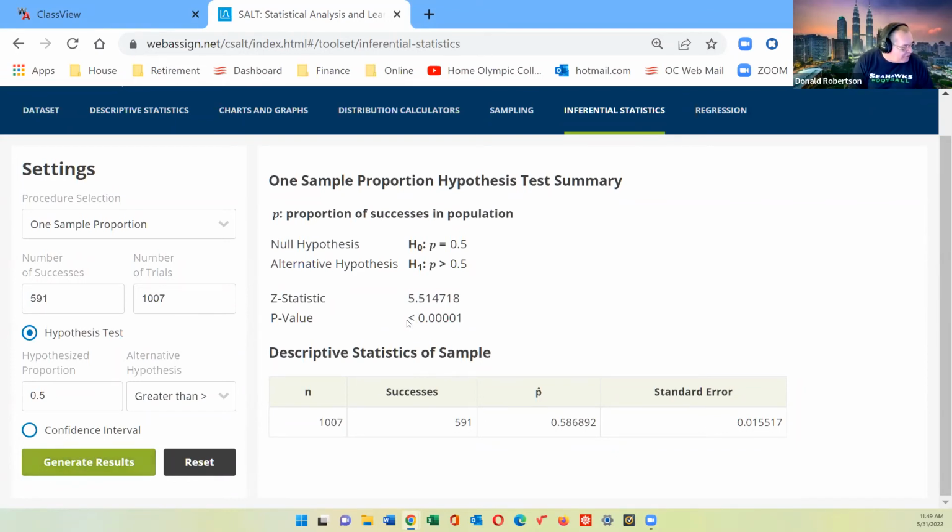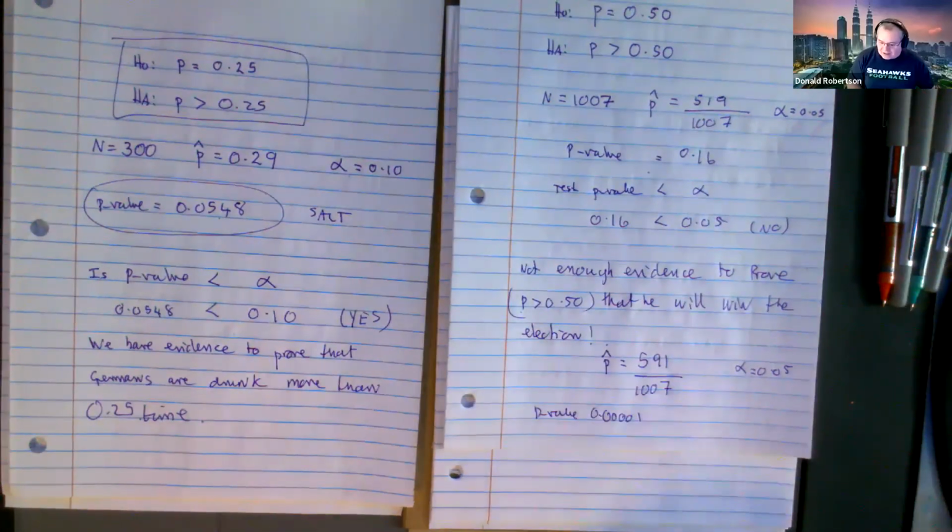Now, whenever the p-value gets to ridiculously small numbers, in this case, the number is so small that it's less than 0.0001, we will just call it 0.00001. And is that guy less than 0.05? In fact, isn't that guy less than 0.01? In fact, isn't that guy like 1 in a 10,000th chance of getting it wrong?